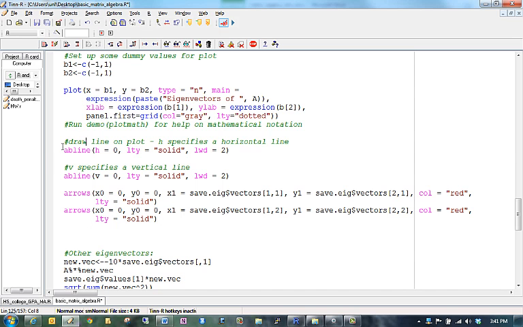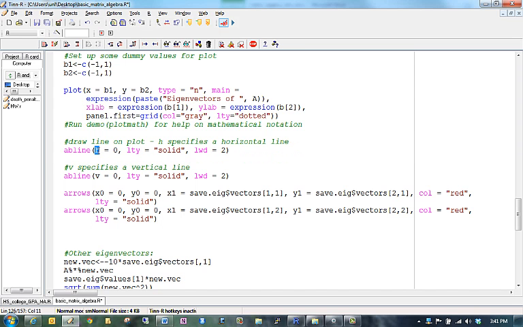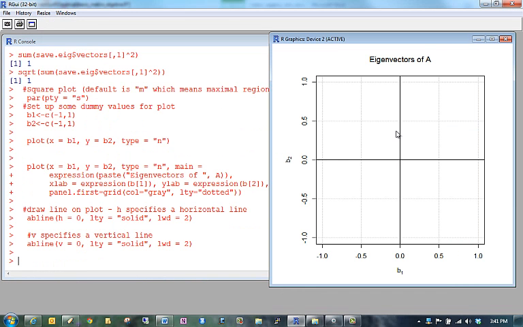Next, to help us see stuff too, I'm going to plot a horizontal line at 0. So the abline function with the h argument set equal to 0 plots a horizontal line at 0. It's going to be solid, and the width of the line is going to be 2, so twice the regular size. I'm going to do a similar thing for a vertical line. Let's see what happens. And so you can see those dark black lines there now in the plot.